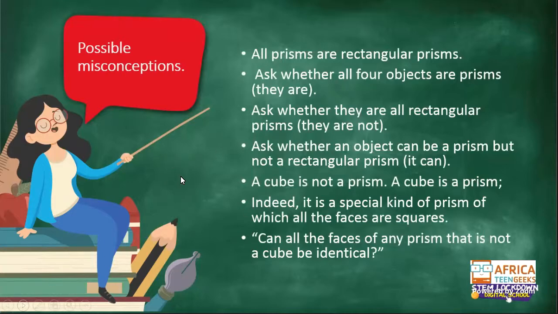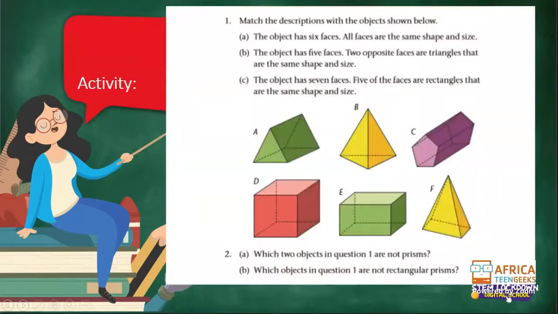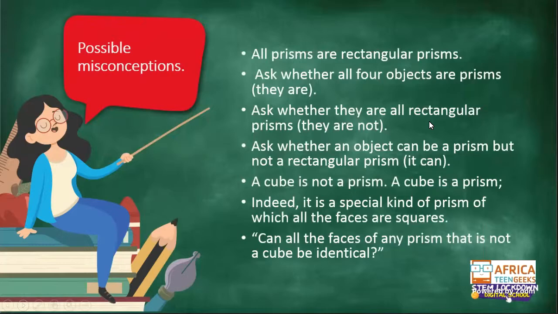Then, let me see if I have a picture. Okay, no, I don't have a picture. An object can be a prism but not a rectangular prism, which is true. And then, a cube is not a prism. That's a misconception.